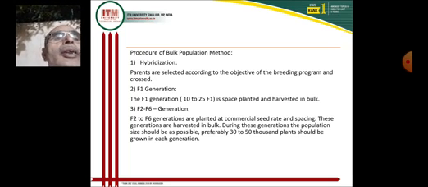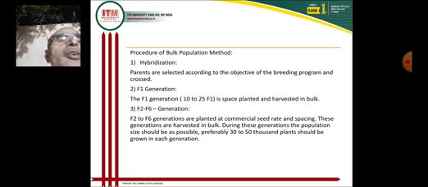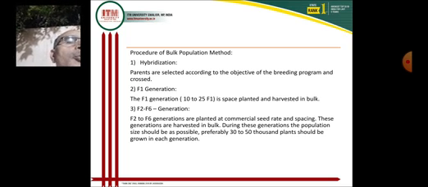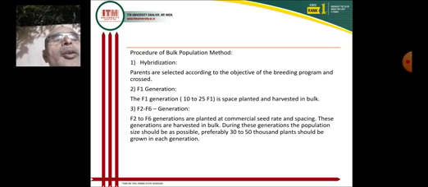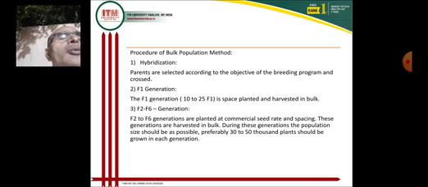After crossing, F1 generation seeds are obtained, and this F1 generation is grown. 10 to 25 F1 plants are space planted and harvested in bulk. From F2 generation to F6 generation, the seeds are planted and harvested in bulk.